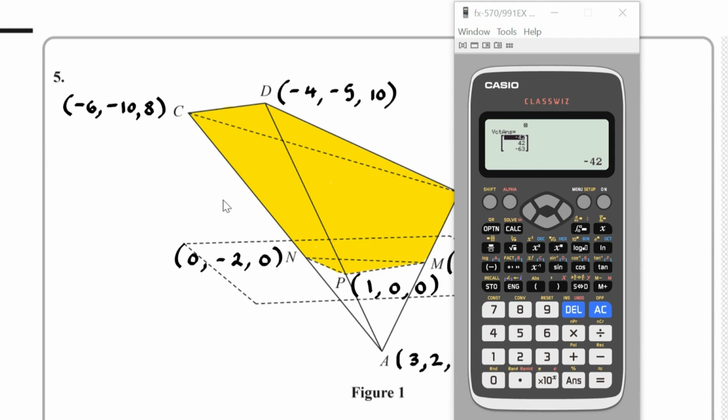And now I know this, I need to dot product this with BA.